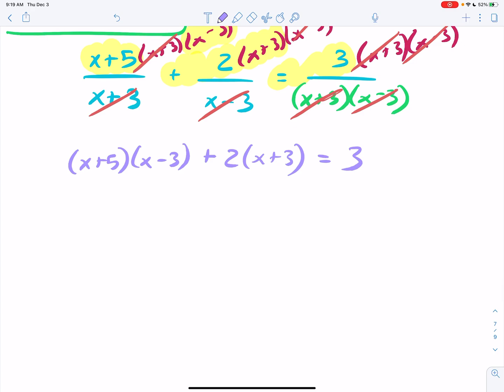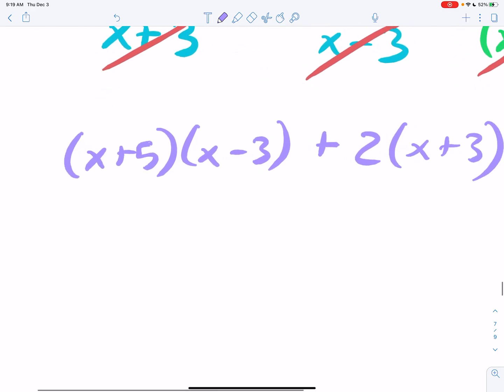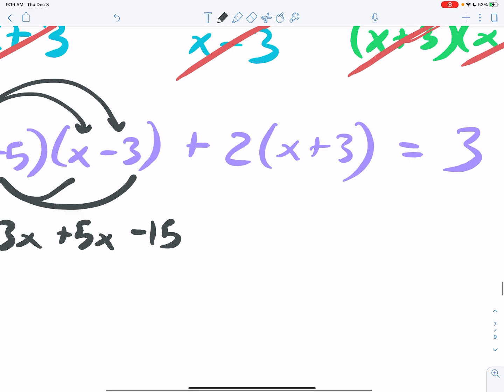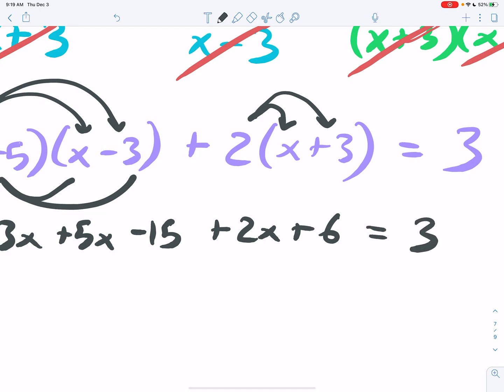A lot of distribution involved. You're going to have to distribute a lot over here. So that's x squared. That's -3x. That's +5x. And that's -15. Over here, it's 2x plus 6 equals 3.